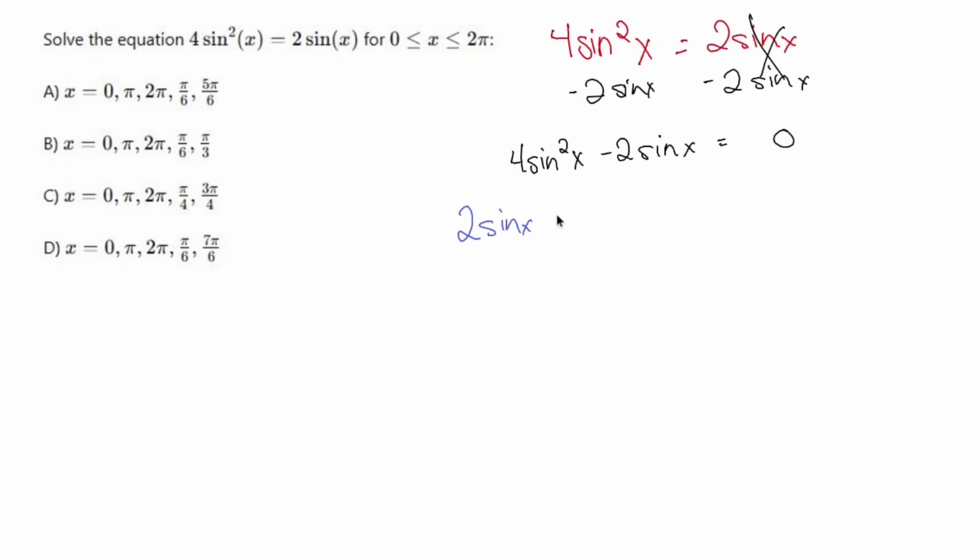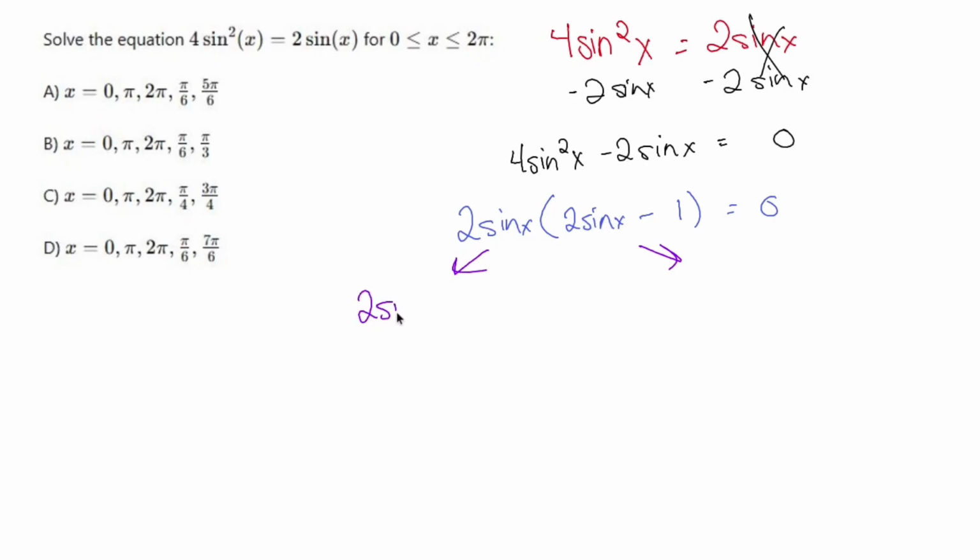So I have 2 sine x, parentheses. When I pull a 2 sine x out of 4 sine squared x, that leaves me with a 2 sine x. If I pull a 2 sine x out of a 2 sine x, that leaves me with a 1. Set that equal to 0. Now, the zero product property says we take each part, set it equal to 0, and solve.